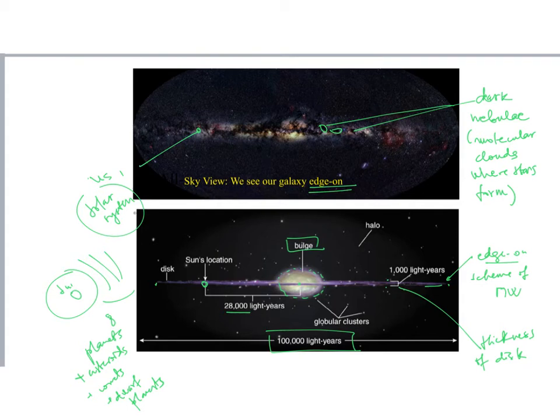And what also happens in the halo, so there is a spheroidal component of the galaxy, which is much sparser in terms of things that exist in it, that we call the halo, in which we find the so-called globular clusters.